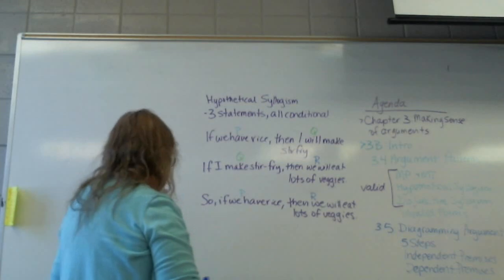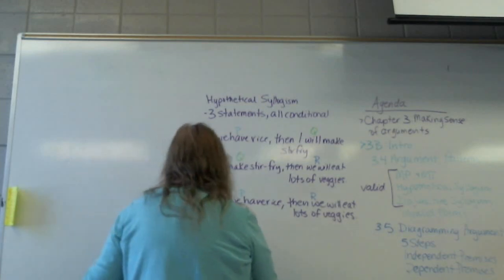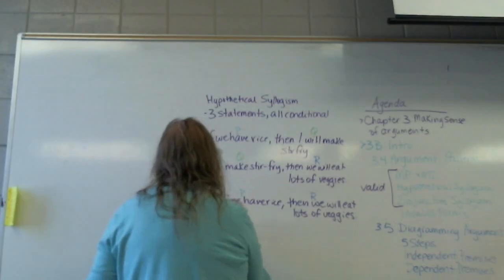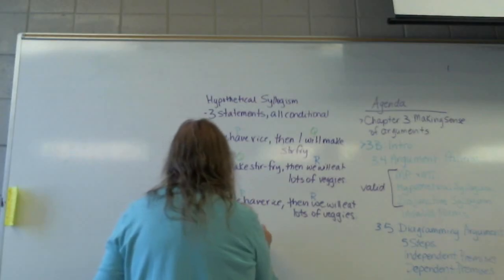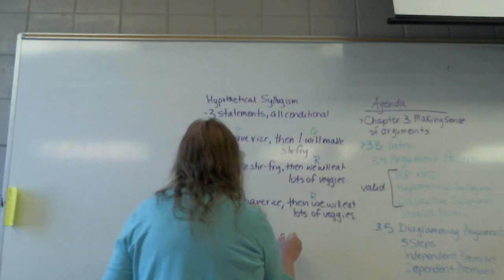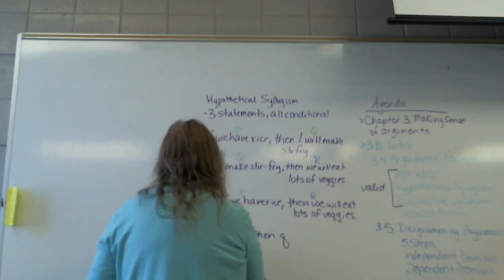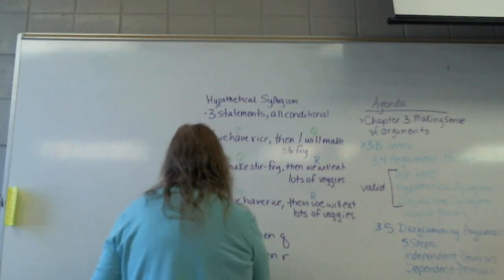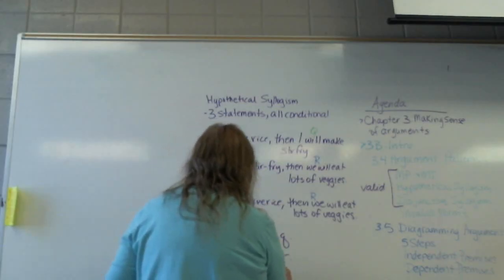We like it that way, but you know. So this time we have, let me give my little structure here. We have if P, then Q. If Q, then R. So if P, then R.